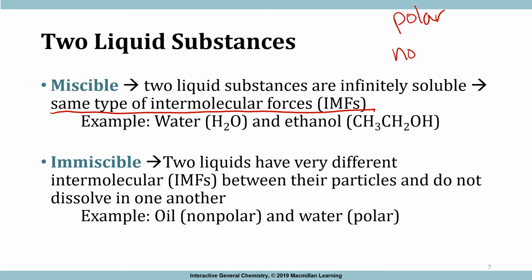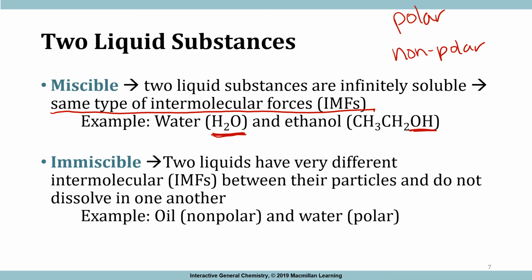If they're both nonpolar, they will also be miscible, but you can't have a polar and a nonpolar. An example of miscible liquids is water and ethanol. Water has hydrogen bonding with the OHs, and ethanol also has hydrogen bonding. That means that both of these compounds are polar and will dissolve in each other.